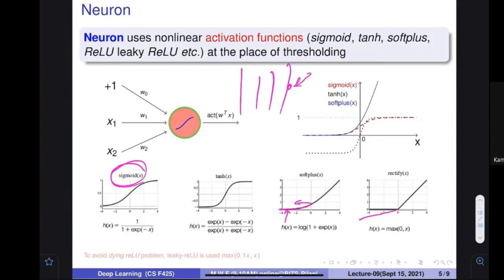Nothing else was a problem. Any linear combination was not a problem. The problem was that my error was coming up and down, because I was using a thresholding function. But now the things are gradual. If the things are gradual, my error is also going to reduce gradually. Understand? Okay. Thank you.